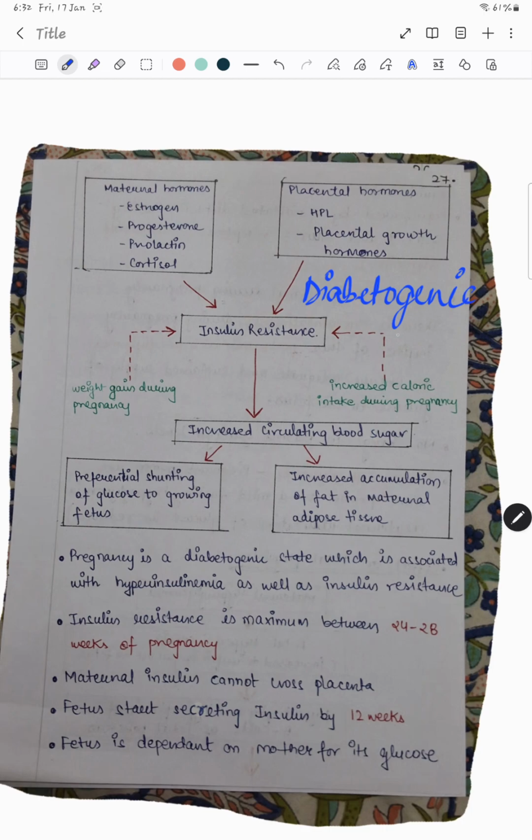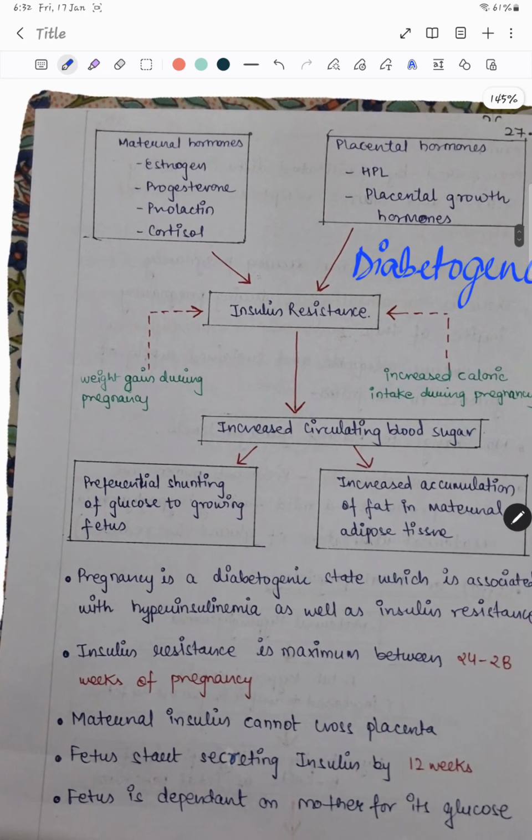This insulin resistance is due to the influence of some maternal hormones, estrogen, progesterone, prolactin and cortisol, and some placental hormones, which are HPL and placental growth hormone. If you ask me the most important hormone among all of these, I will say HPL. Insulin resistance is maximum at 24 to 28 weeks.